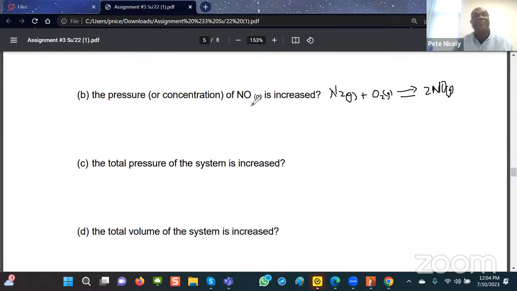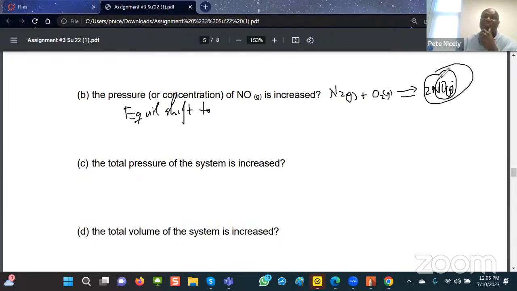So in this case now, you are increasing the concentration of NO. So how will the system respond? Will it shift to the left or shift to the right? If you increase the concentration of this, which direction will the reaction shift?